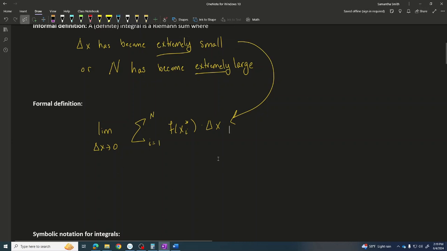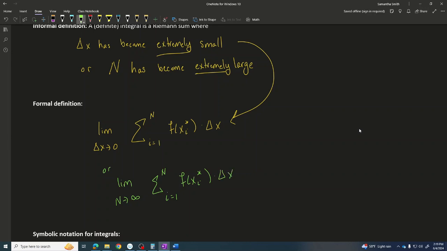Delta x becoming very small for your Riemann sum and the data points getting very close together. Alternatively, you could say that it's the limit as n approaches infinity of your Riemann sum.